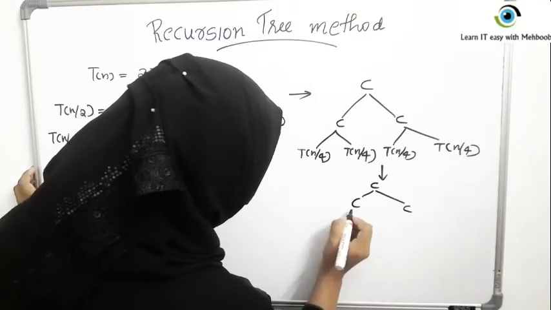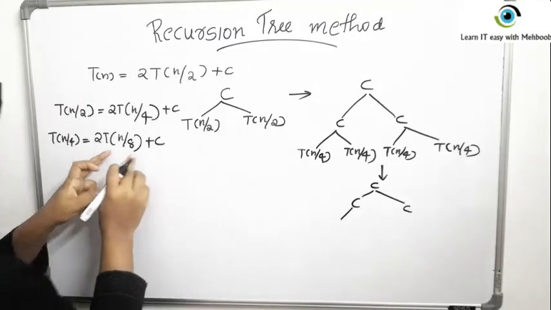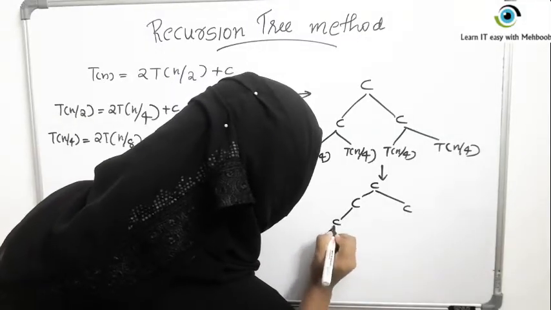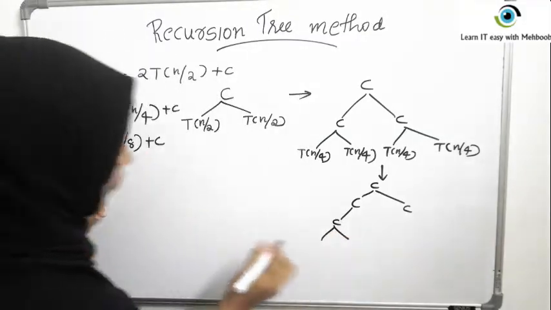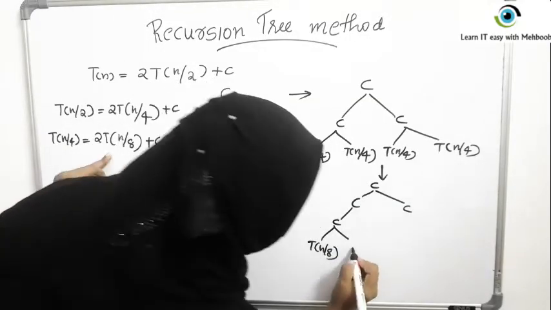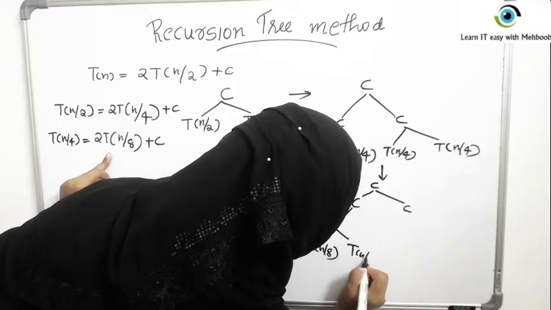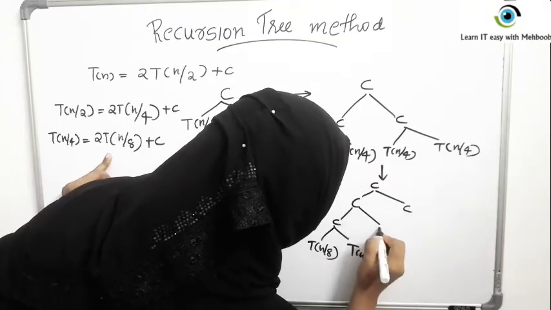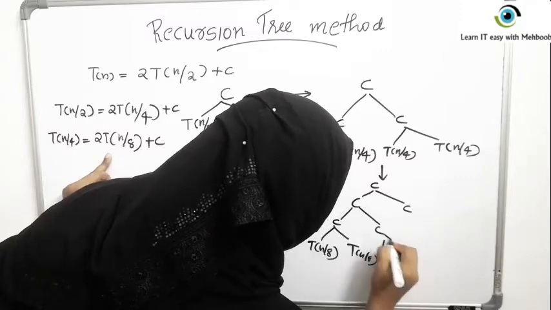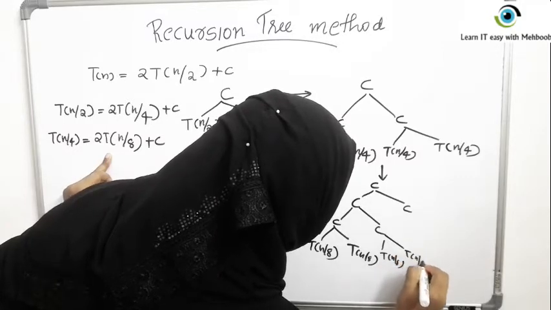Now you have to expand this T(n/4). T(n/4) is this. So the root is again c and 2 children of T(n/8) each. For this c also, c is the root, T(n/8), T(n/8).